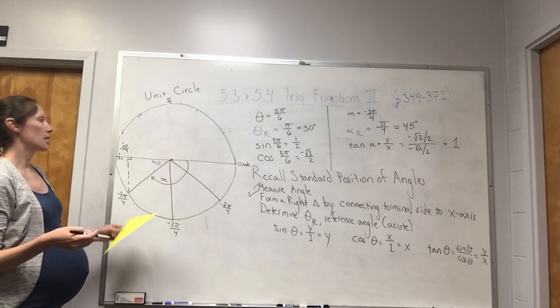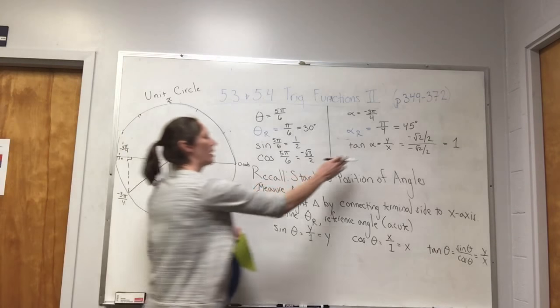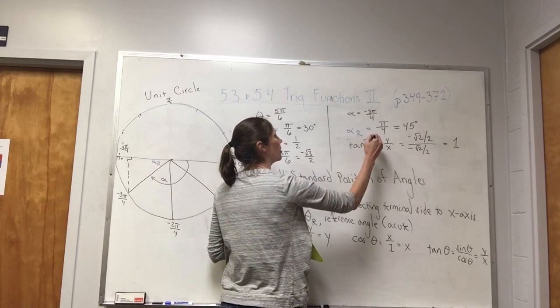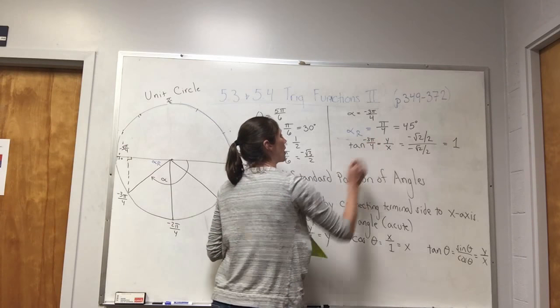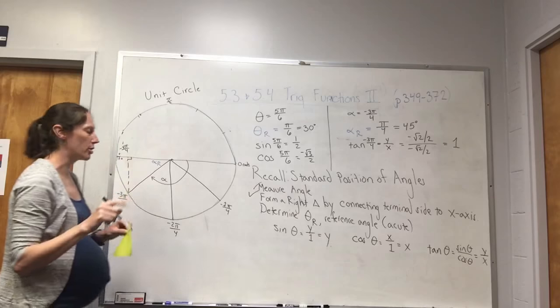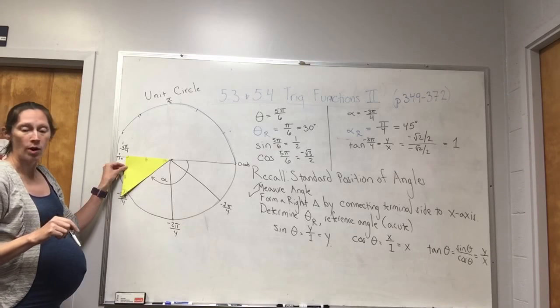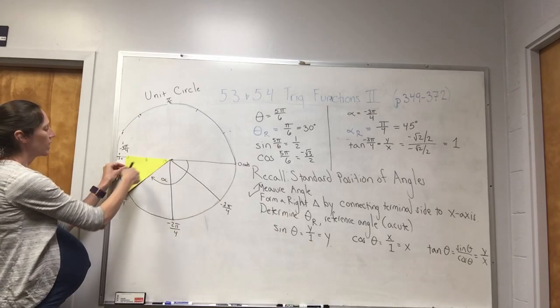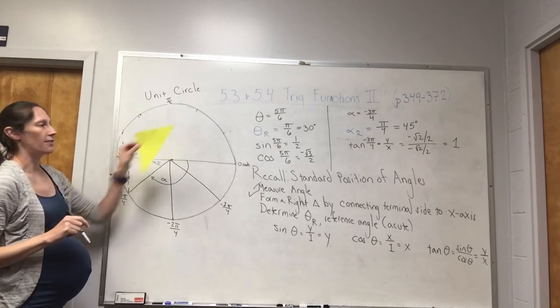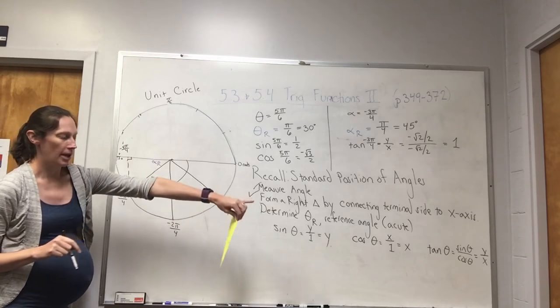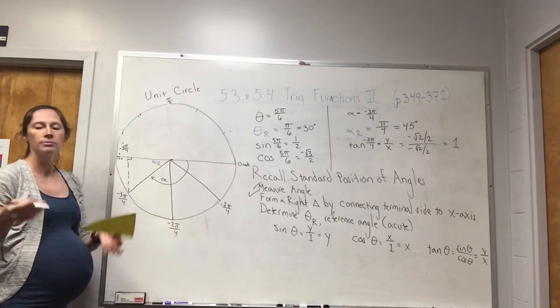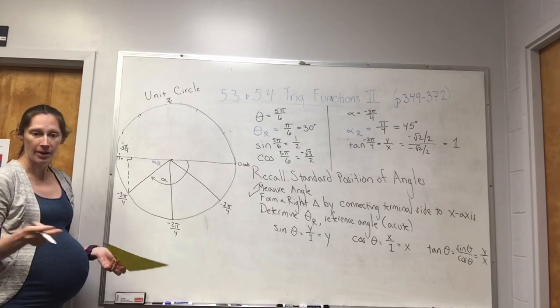So my final answer is that the tangent of negative 3 pi over 4 is positive 1. Now I could have also used TOA from SOHCAHTOA and looked at opposite over adjacent and gotten that same answer as well. But I already had this equation up here, so I figured I might as well just use it.